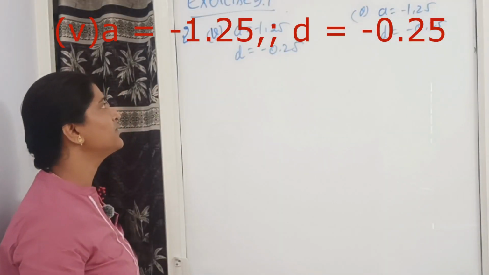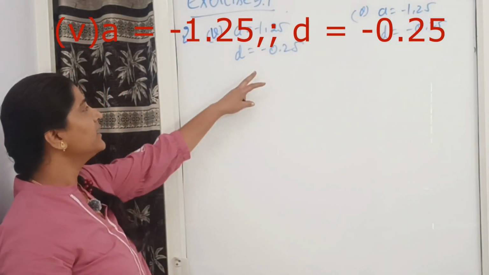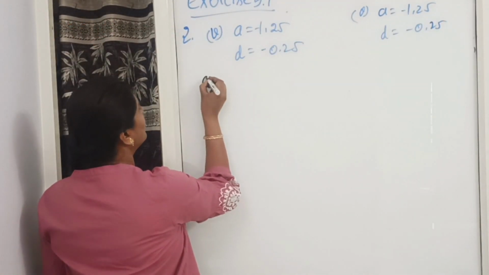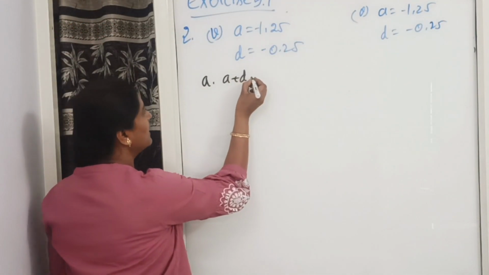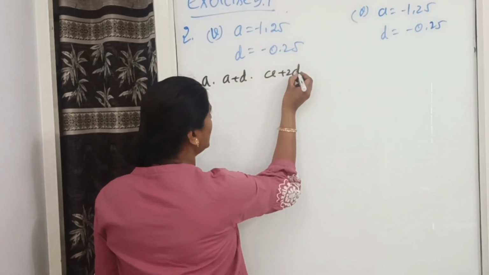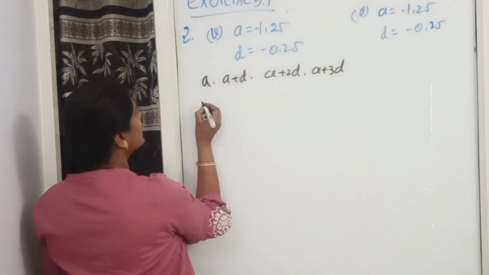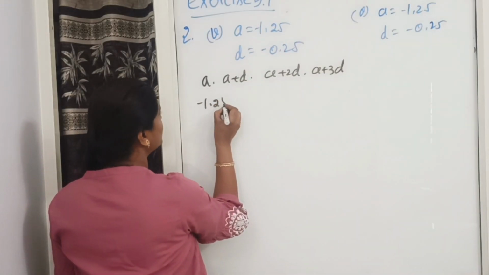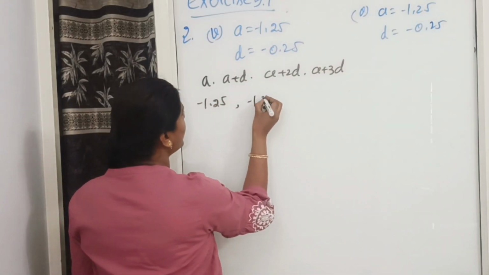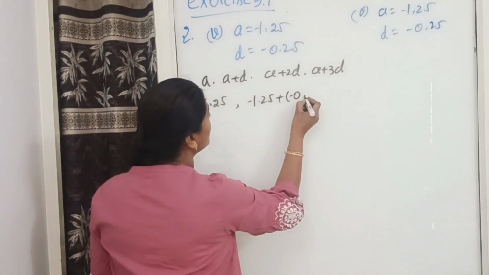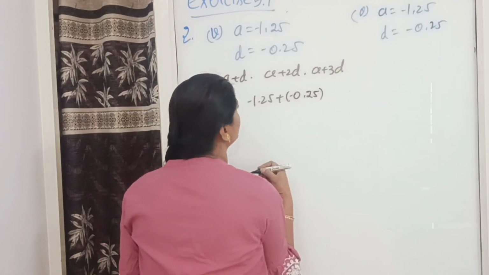A is equal to minus 1.25 and D is equal to minus 0.25. A plus D, A plus 2D, A plus 3D. What is A? Minus 1.25. Minus 1.25 plus D; negative is there, so keep it in the bracket, 0.25.